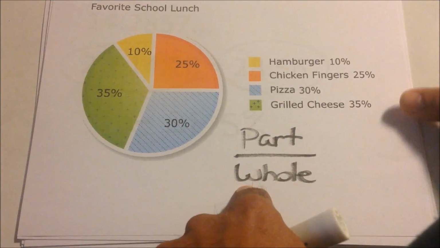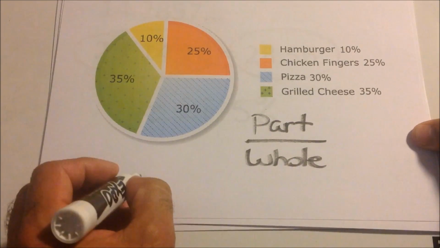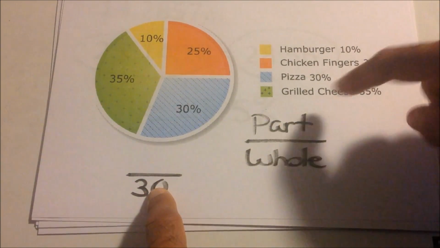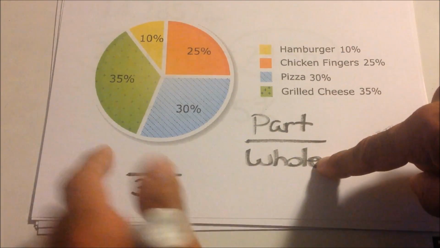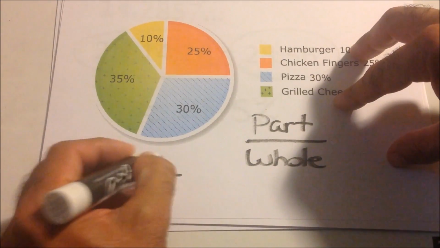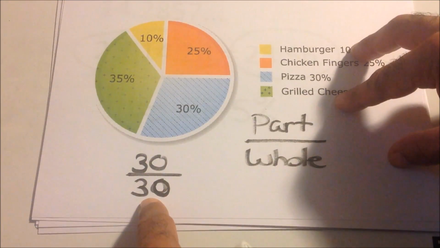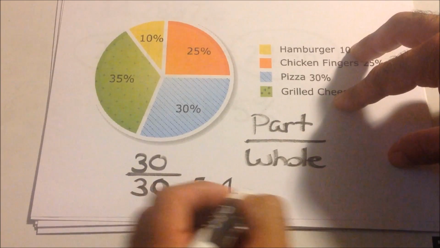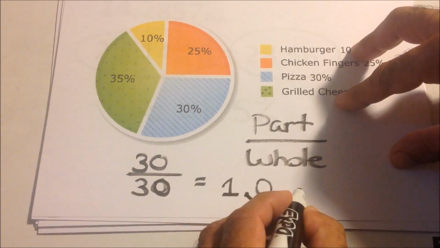The whole, let's say for example you have a class of 30 people, and I asked a question to the 30 people in the class. The part can never be bigger than the whole. The part can be the same as the whole. If I ask 30 students if they want to go to recess, and 30 say yes, well, you can do that. Everyone said yes. That's 100%. Why is it 100%? Well, 30 over 30 is 1. Here's the decimal when you have 1. 1.0. Move it twice. 1, 2.